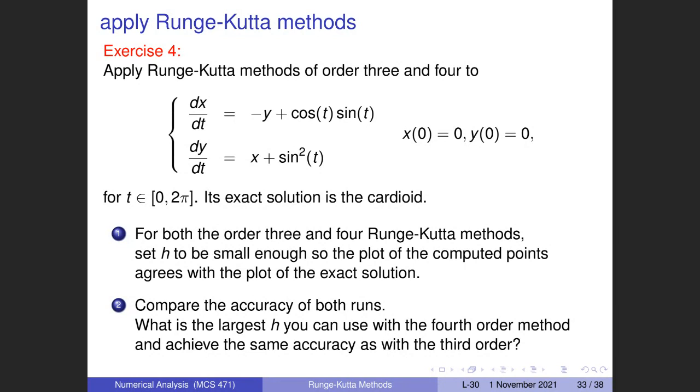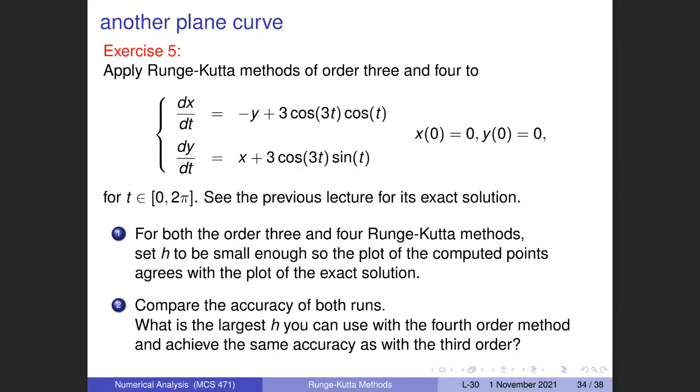The problem there was: what is the largest step size that you can take, with the least amount of work, and still obtain a reasonably good plot so that it still looks like the cardioid? Now compare the 3rd and 4th order Runge-Kutta methods. That's the purpose of this exercise. If you want to continue, here is exercise 5 with another curve, same question.